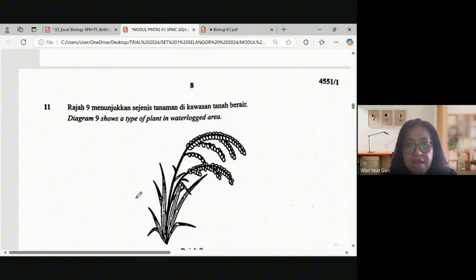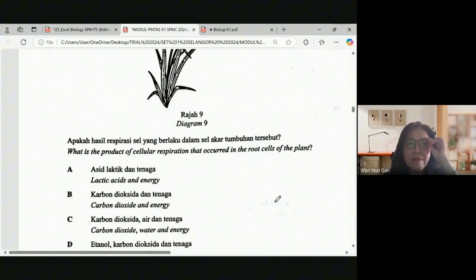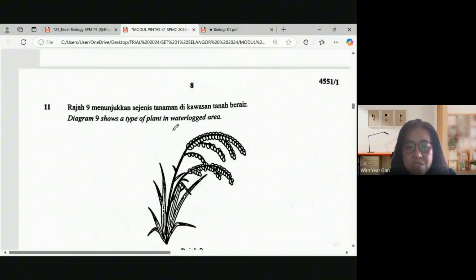Okay, question 11. Diagram 9 shows a type of plant in a waterlogged area. So what is the product of cellular respiration that occurs in the root cell of the plant? Now, for this plant that lives in a waterlogged area, the surrounding condition is usually anaerobic, which means that it lacks oxygen.